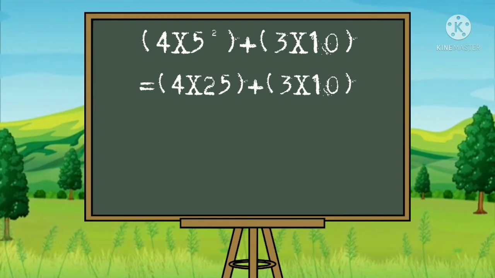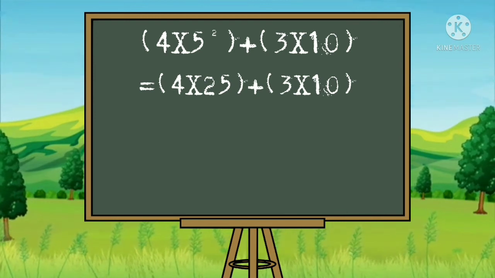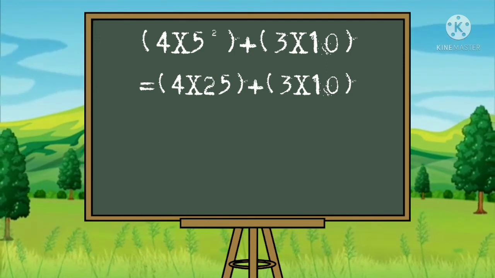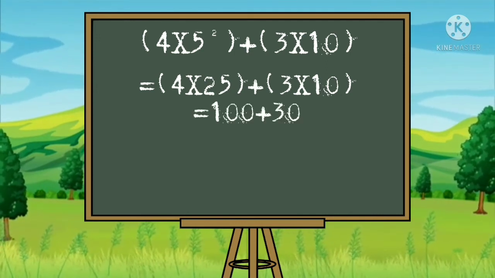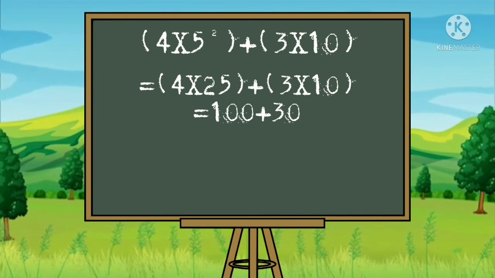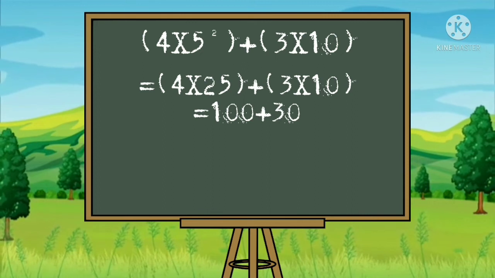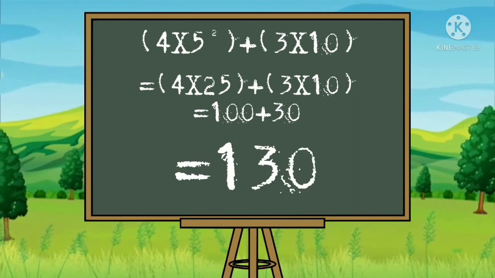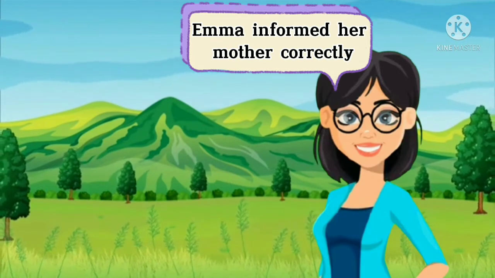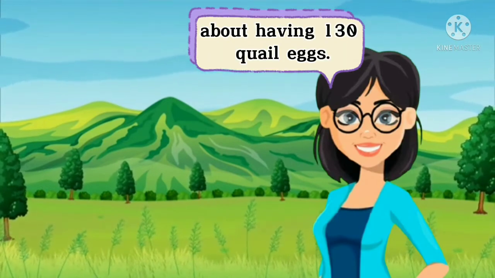Then open parenthesis and just copy 3 times 10 and then close parenthesis. Now 4 times 25 is equal to 100. Then just copy the operation again, and 3 times 10 is equal to 30. Now 100 plus 30 is equal to 130. Alright, yes, Emma informed her mother correctly about having 130 quail eggs.